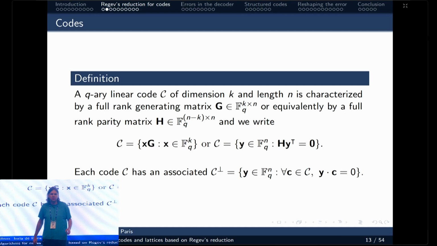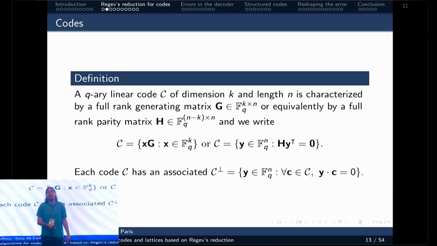I will write it in the context of codes. So I talk about a linear code over F_q of dimension k and length n, and you characterize it by a generating matrix G. So you have a k by n matrix, and your code is basically the linear combinations in F_q of the lines.